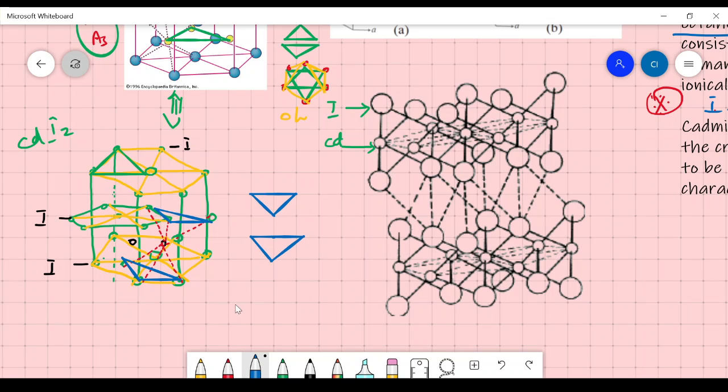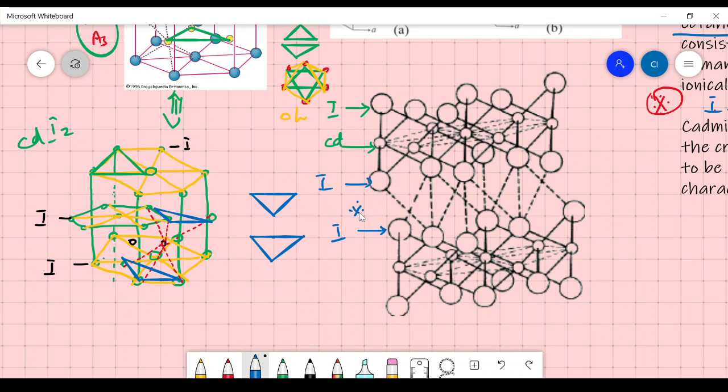If you put these two triangles, I think I told you about the trapezium layer like this, but here this is not exactly measured, so you can see the cadmium iodide layer and then another iodine layer here, and then the next layer is iodine.